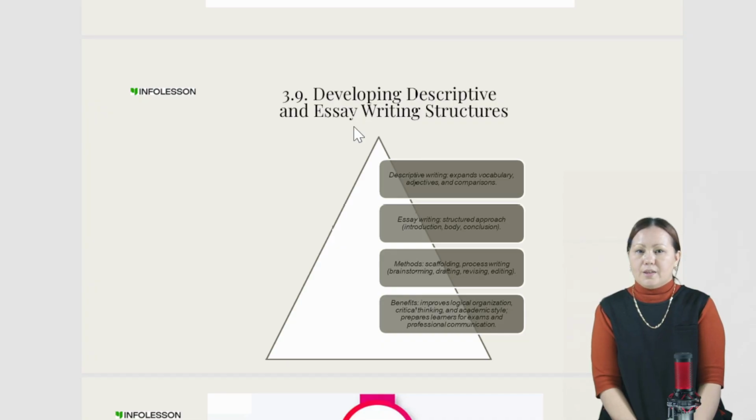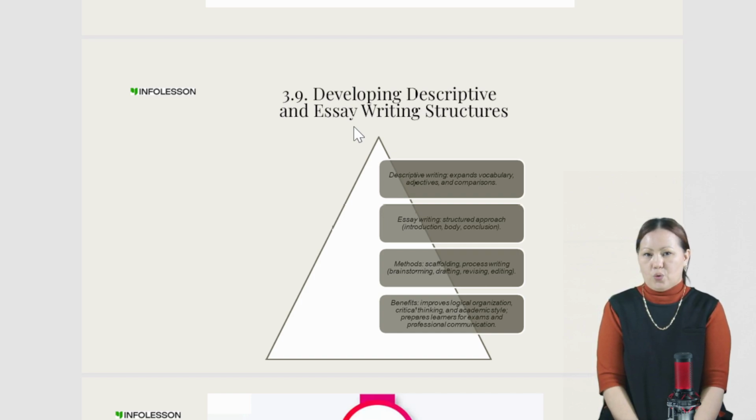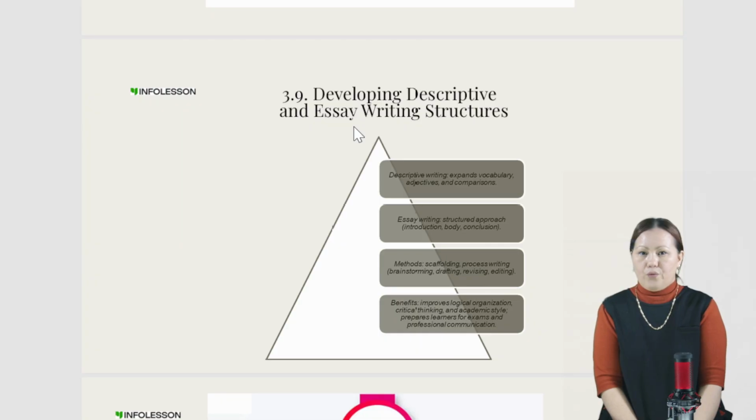Among them, the scaffolding approach is particularly effective. In this method, the teacher provides step-by-step support during the writing process, offering models, guiding frameworks, and sample sentence structures. Gradually, this support is reduced as learners gain independence and confidence.